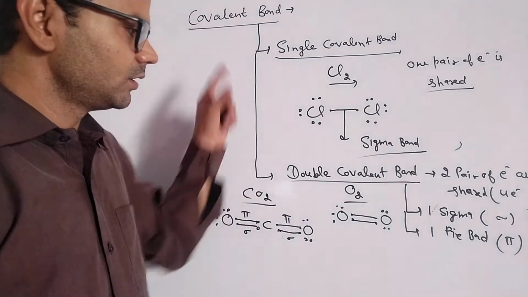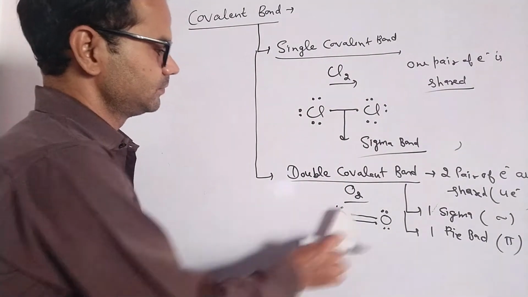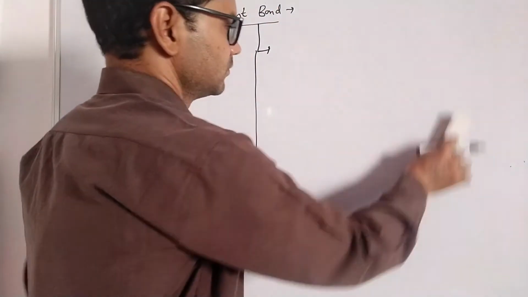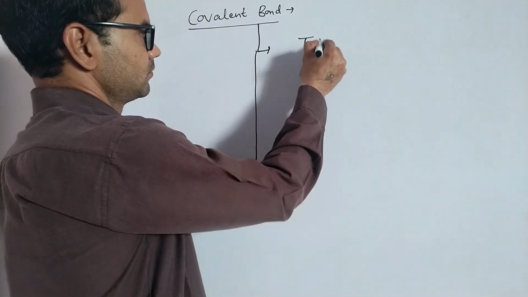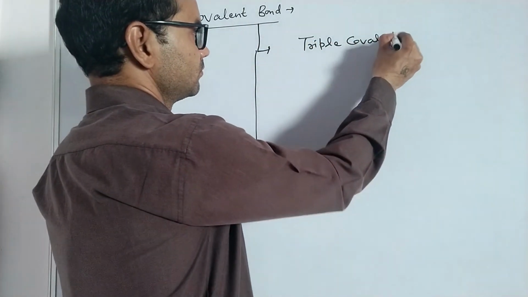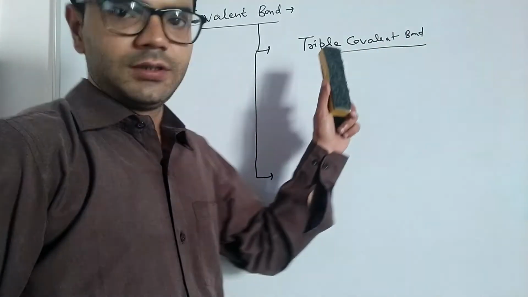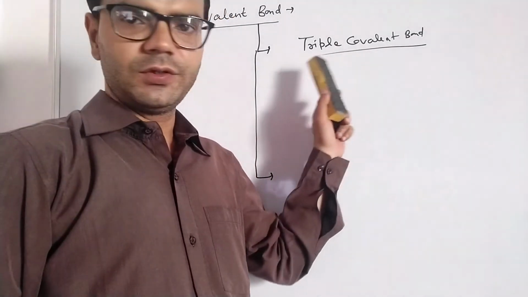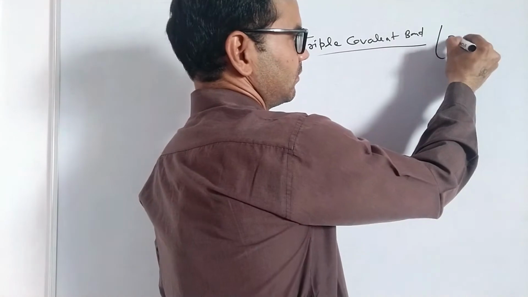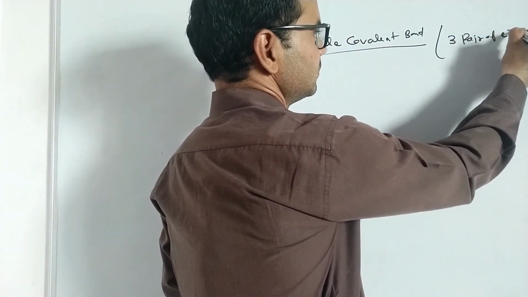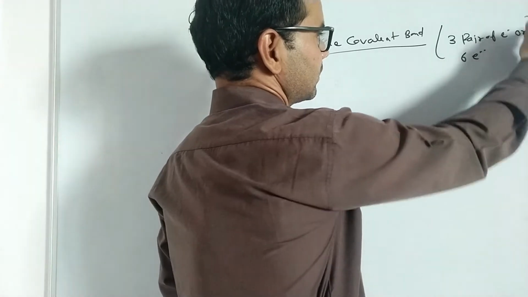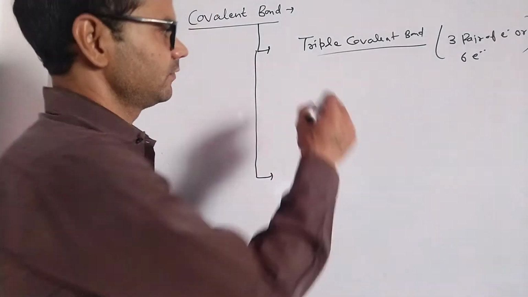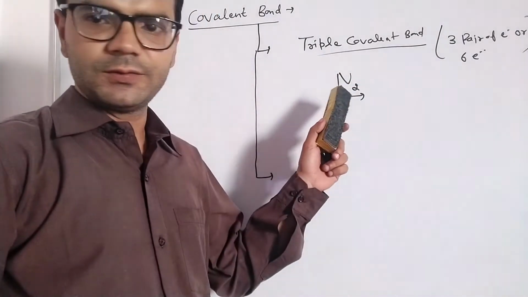Next is the triple covalent bond. A triple covalent bond is formed when 6 electrons or 3 pairs of electrons are shared between two atoms. Then a triple covalent bond is formed. For example, we have nitrogen, N2.